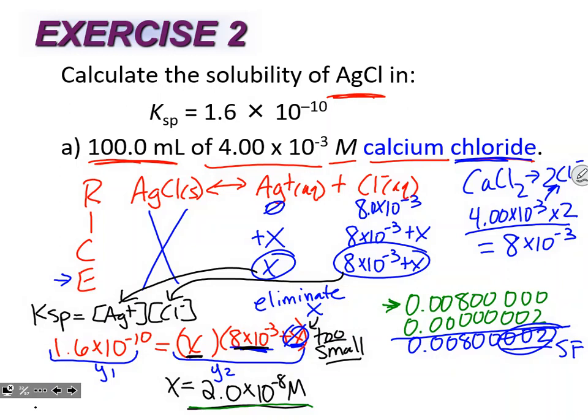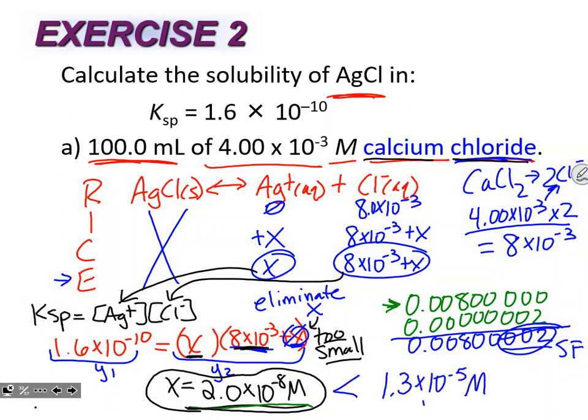Now, another thing I want to point out to you mathematically is why the common ion effect also decreases solubility. Because this is the molar solubility when you add it to the calcium chloride solution. If you compare that to the silver chloride from exercise 1, the molar solubility in pure water for silver chloride was 1.3 times 10 to the minus 5 molar.